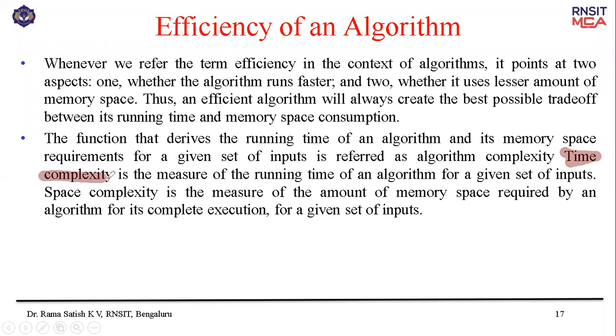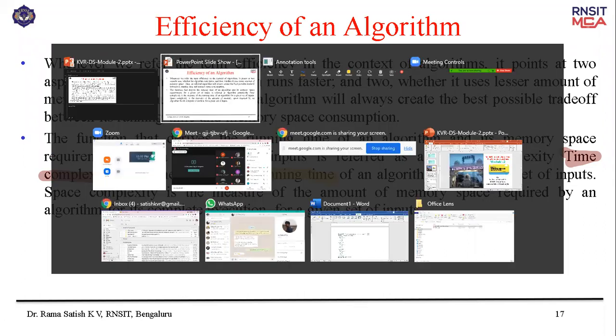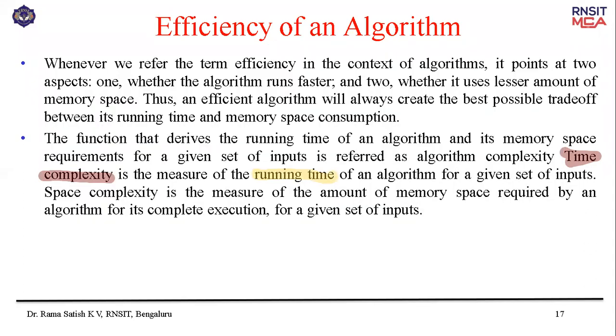Time complexity is the measure of running time of an algorithm for a given set of inputs. How much time it takes to run. So it is the running time of an algorithm that we talk about.